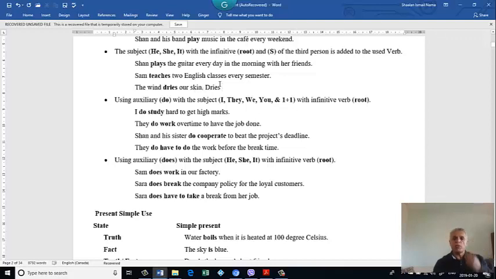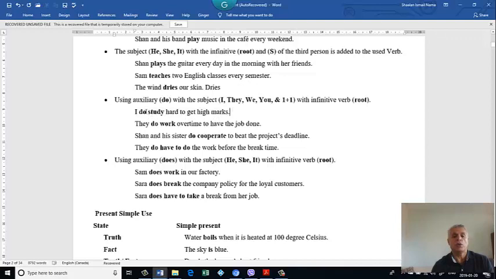Okay, let's go. Sometimes we use an extra auxiliary verb with the subject here. For example, using auxiliary do with the subject I, they, we, you, plural, with the infinitive root. Then we say I do study hard to get high marks.